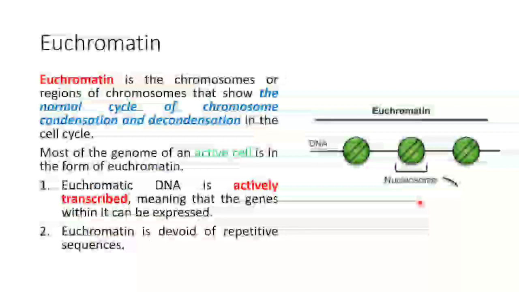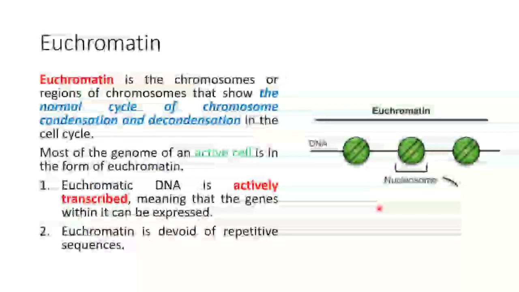Okay, so we will see that this segment will keep a normal cycle of condensation followed by decondensation. The genes present in this region of the euchromatin are considered active genes. Active means actively transcribed, so I can convert the information from gene to protein at this level. And in this region, you will find only genes without repetitive sequences.